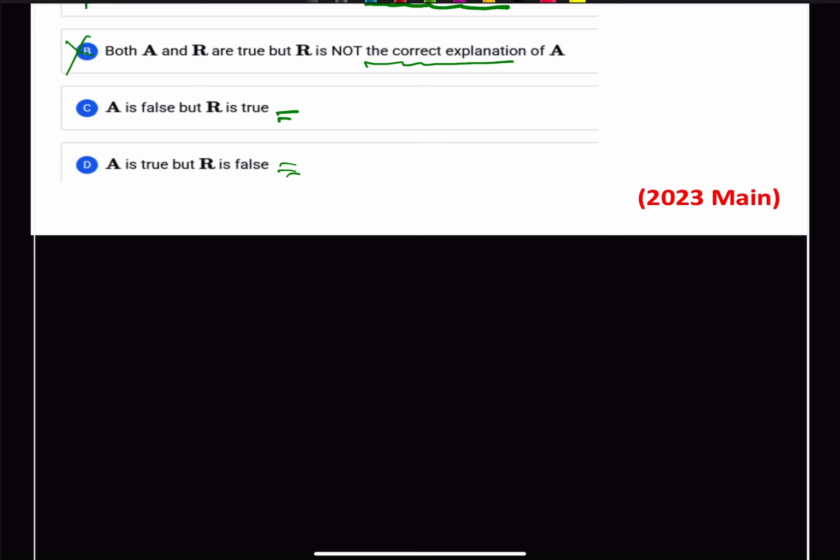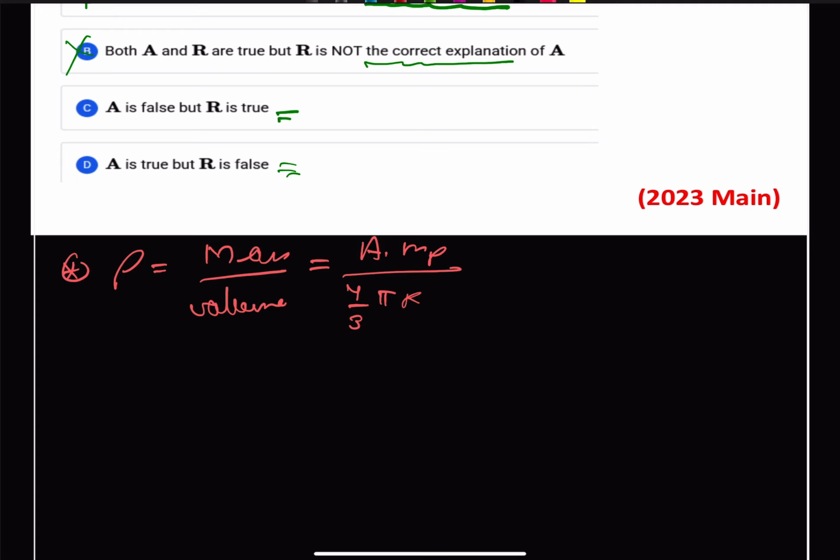So we are interested in finding our density. So density we know is mass over volume, and we can write this as A multiplied by Mp, and volume is 4/3 pi r cubed, or r naught rather.